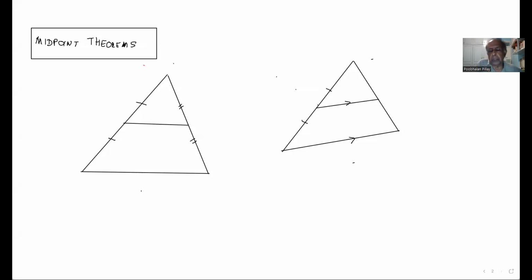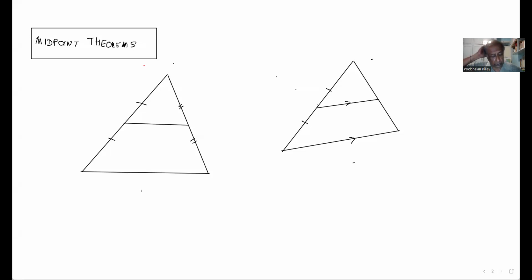I know I've told you quite a few things now. It's quite a mouthful, but please pause and study everything that I've said so far and make sure you understand all these results. Remember them. It's very important to remember them because these are theorems in geometry, and you will be called upon very often to apply these theorems to various problems.